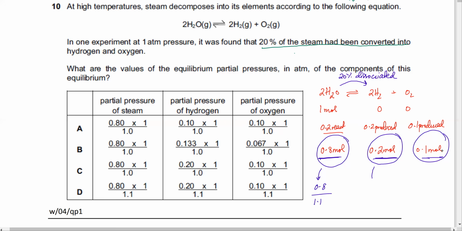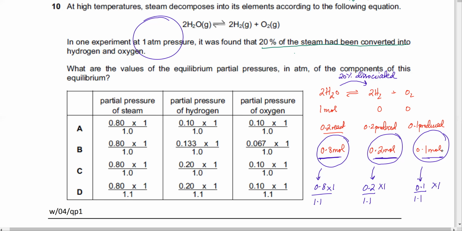What is the mole fraction of this in the mixture? It's 0.2 divided by the total, which is again 1.1, and the mole fraction of this would be 0.1 divided by 1.1, and this needs to be multiplied by the total pressure, which is given over here as 1 atmosphere, so multiplied by 1.